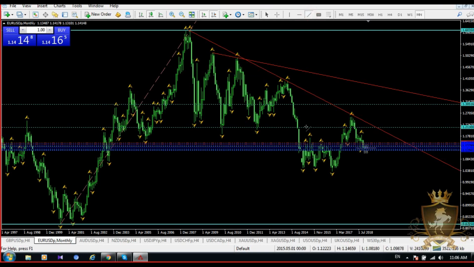These two peaks I consider. And the detailed trend line, I connect the last peak to the peak before. So there are 3 trend lines. There's a general one, there's a middle one, and the detailed one.